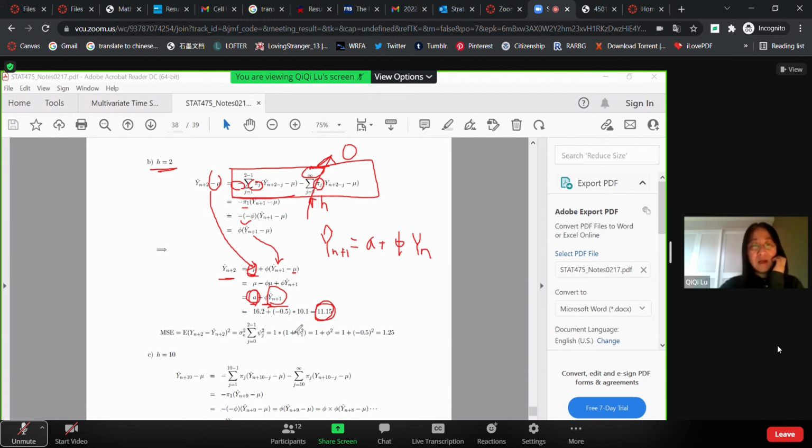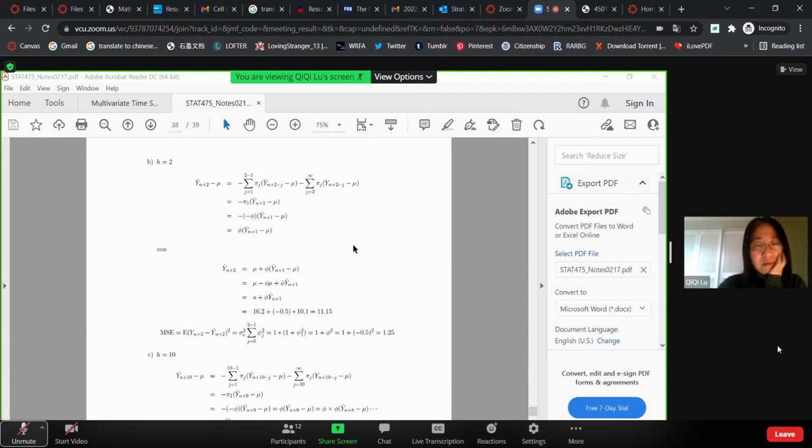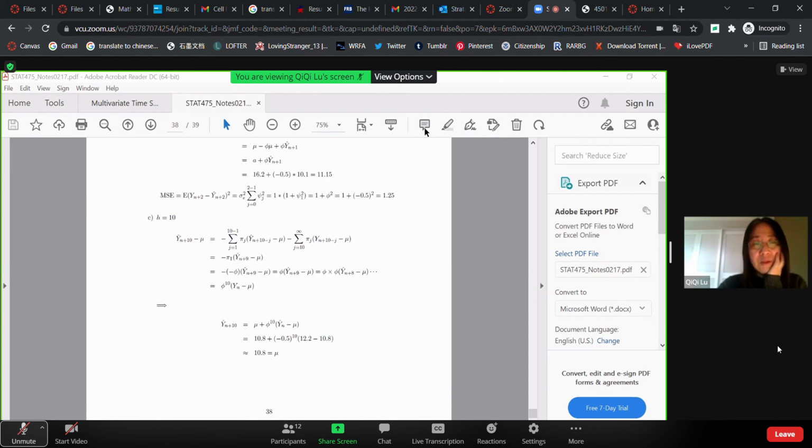And the mean square error. So this is something new. This is the definition, and this is the result we have: the sum from j equals 0 to h minus 1 of psi j squared, times sigma e squared. For AR1, we know psi j is phi to the power j.